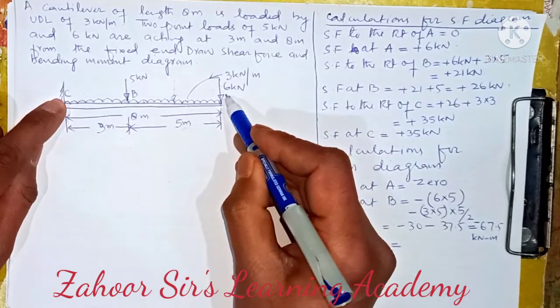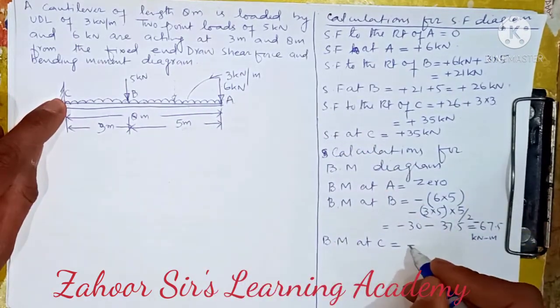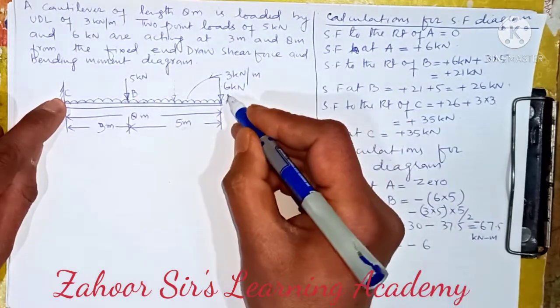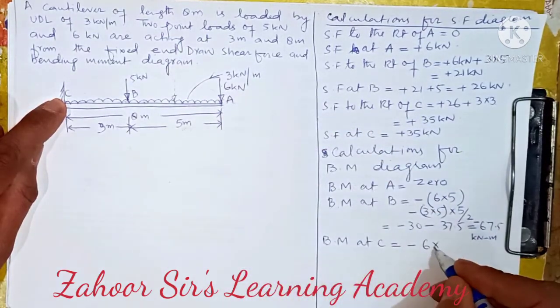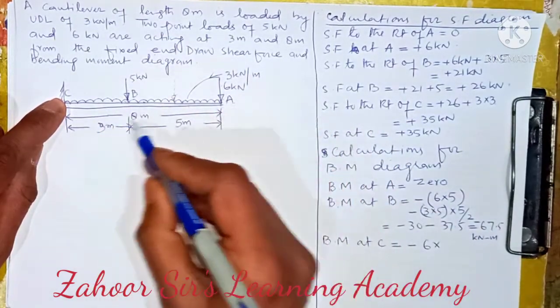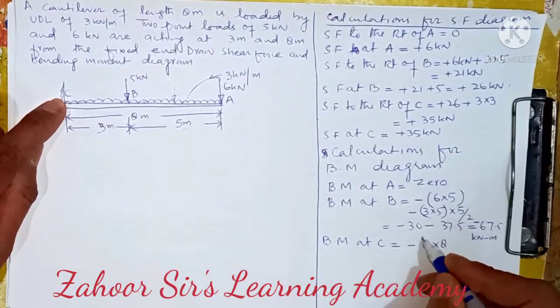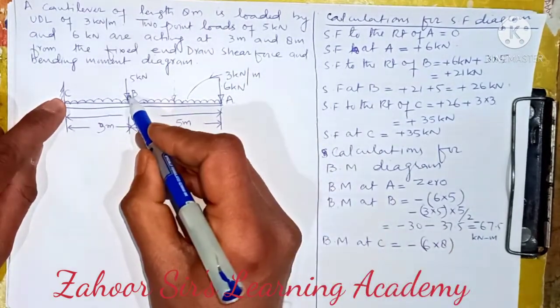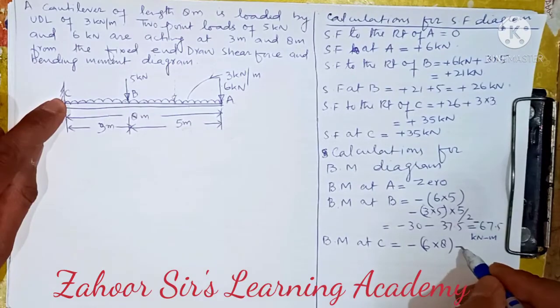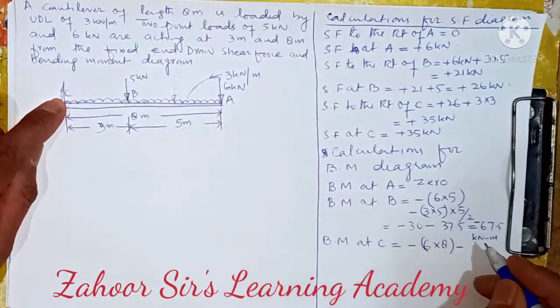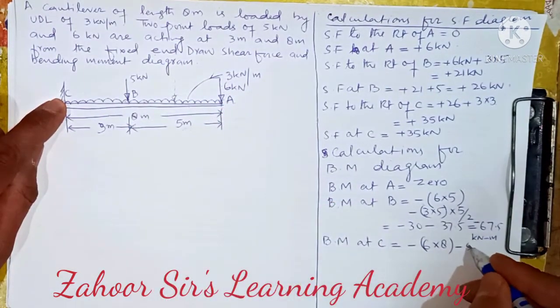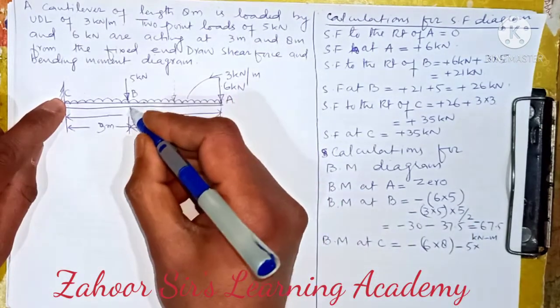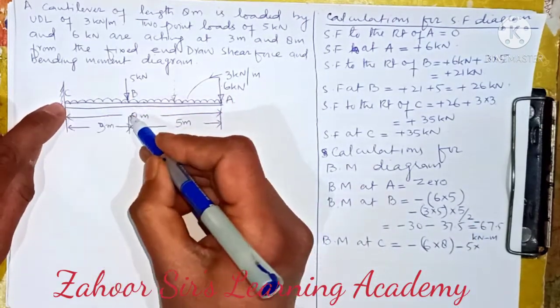So I will first take this one, that is minus 6, the point load. Its distance up to point C is 8. Then I will take this point load, minus, you know the minus sign, why I'm taking this minus sign, 5, the magnitude, and its distance up to C, that's 3 meters.